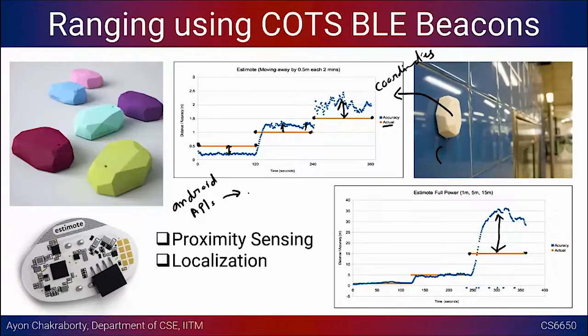If you are interested, you can take a look at this. They have BLE related APIs which allow you to look at the signal strength, or RSS, of Bluetooth packets.